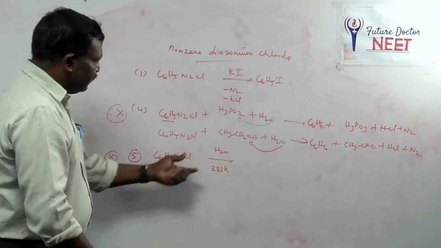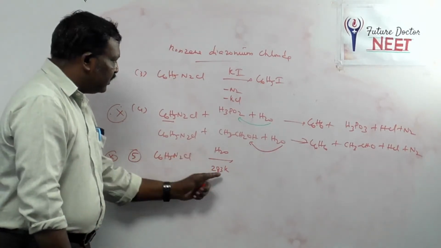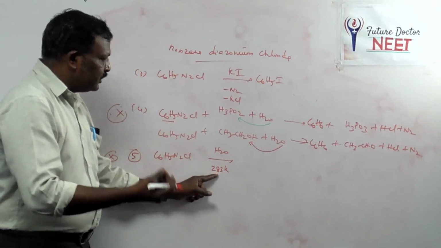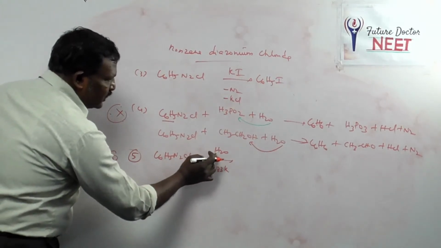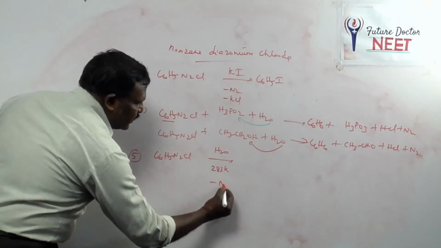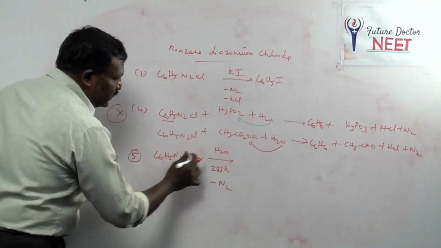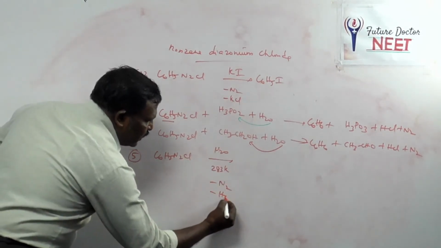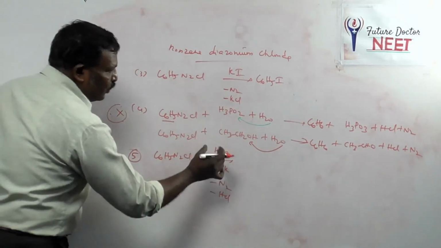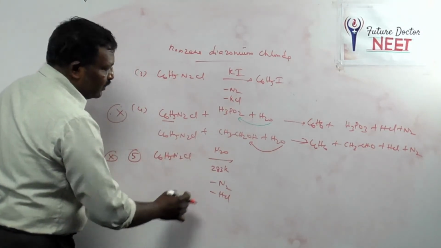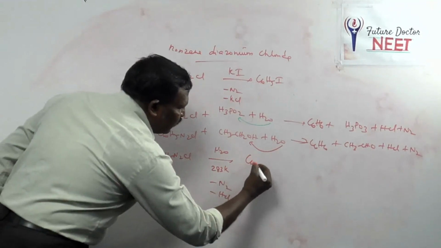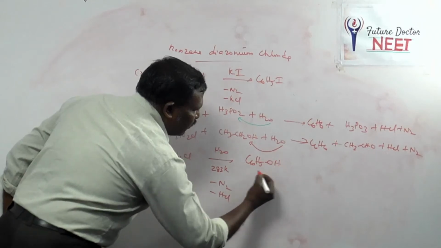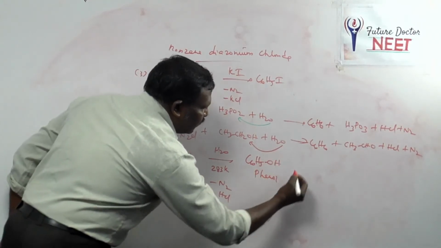So we should add some water and just warm the solution. Now what happened here? It's somewhat different. Minus N2, minus HCl, remaining OH is there. So C6H5 plus OH gives phenol.